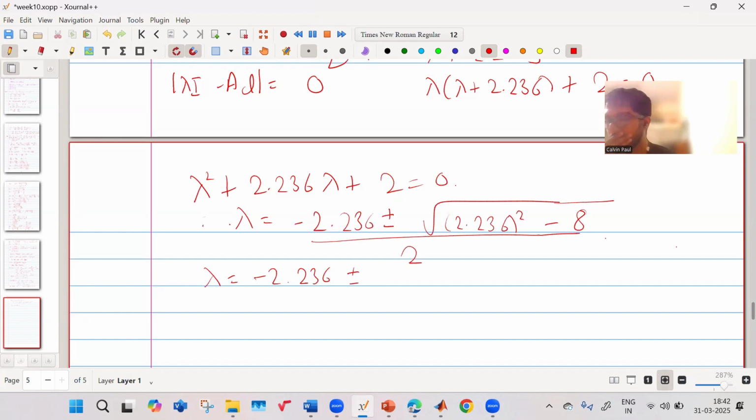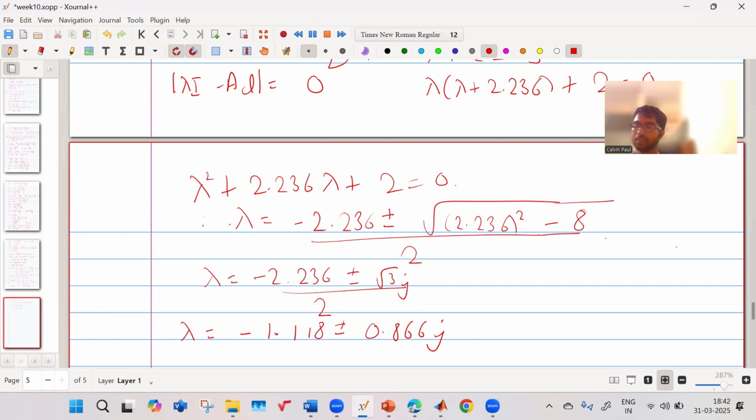So this becomes minus 3, it becomes plus minus square root of 3j upon 2. So lambda is equal to minus 1.118 plus or minus 1.732 upon 2. So plus minus 0.866 j.